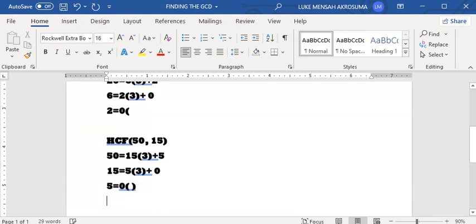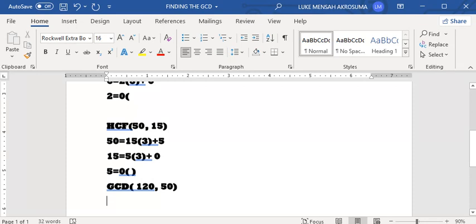Let's look at the last example. We are attempting to find the GCD of 120 and 50. Like we have already established, we start with the biggest number, which is 120, equate it to 50 times a certain number.